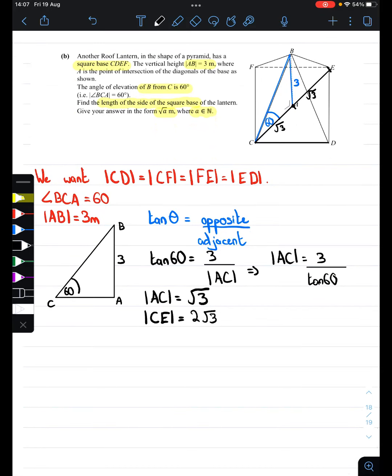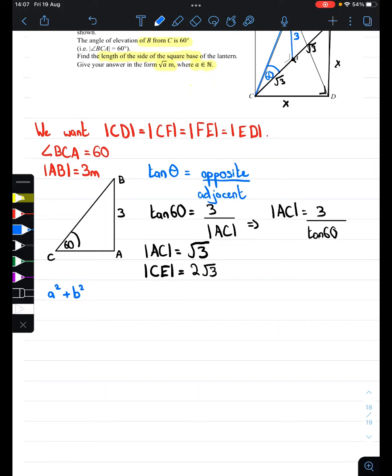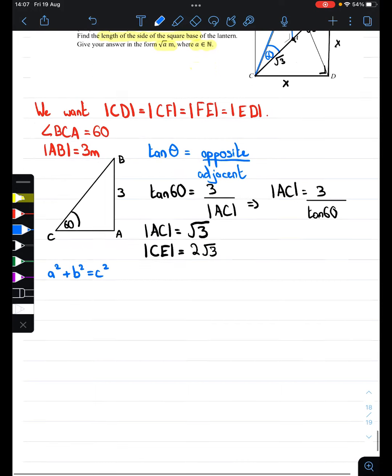Well, we know that the length of this side, let's call it x, is the length of this side. And we know that this is a right angle because it's a square. So again, we have a right angle, so we should immediately be thinking Pythagoras' theorem. The hypotenuse here is CE, which is 2 root 3.